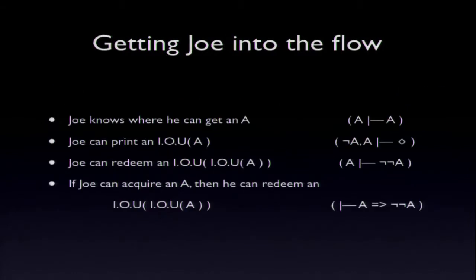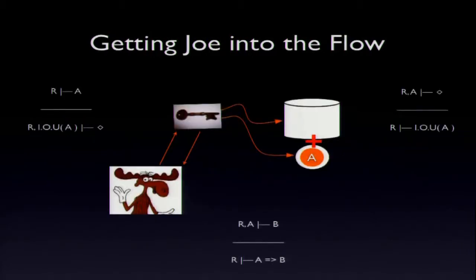Now from here to here, the rule we're going to employ is we're going to move the IOU for an A over to this side. And that's why I was careful to point out the compositionality of this rule.